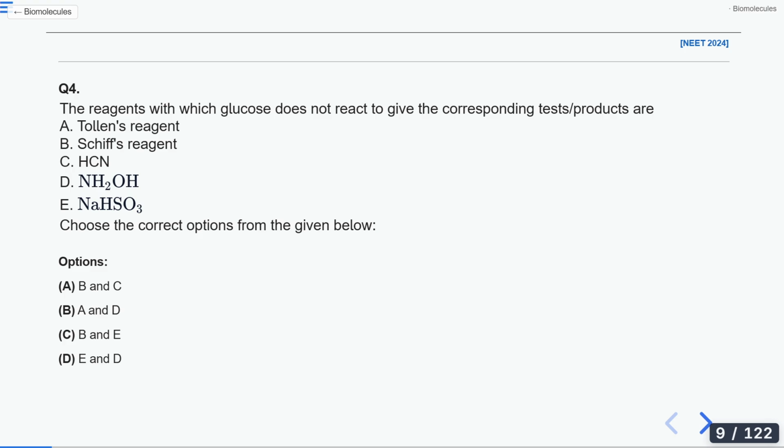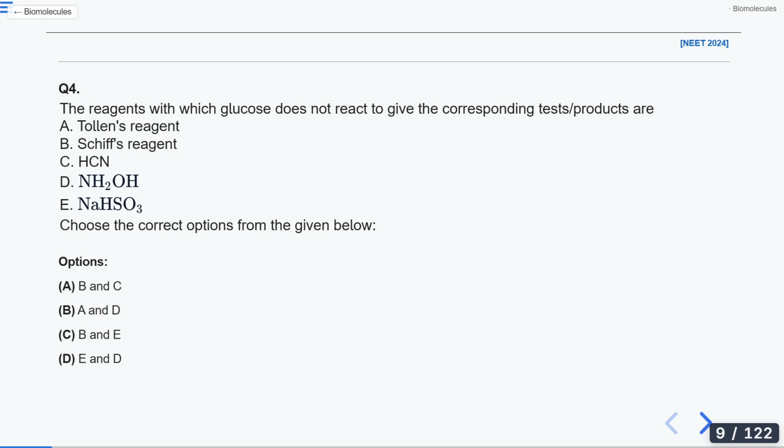Tell me. If I take the pentaacetate of glucose, remember this thing, it is very important. There are three reactions your glucose cannot give, which a normal carbonyl can give. What are those? First is Schiff's, second is NaHSO3, and third is if you form the glucose pentaacetate, it cannot react with NH2OH.